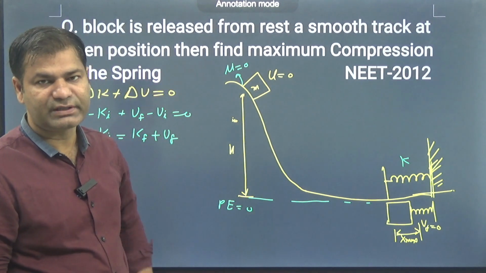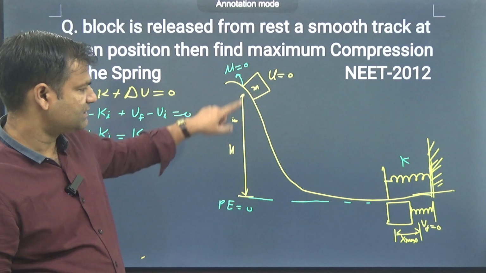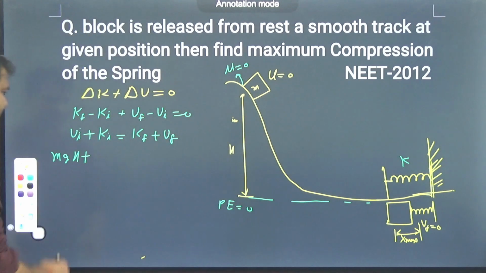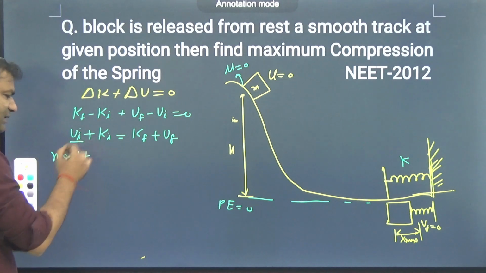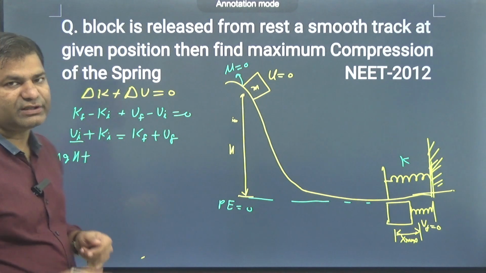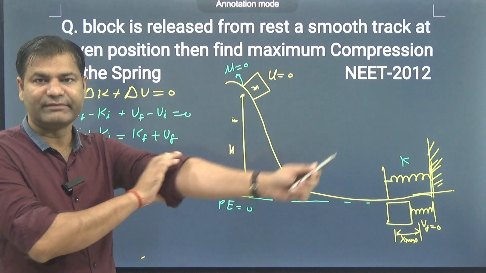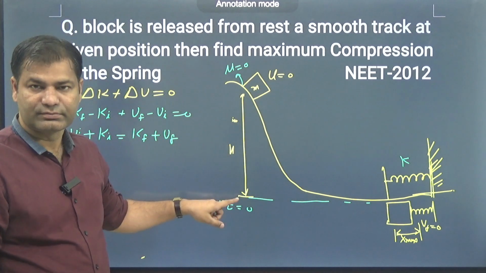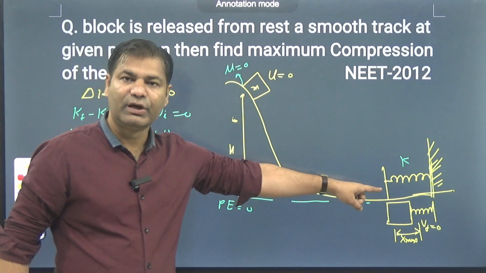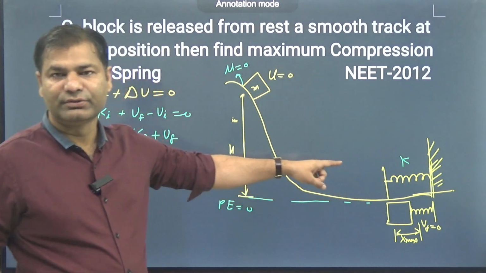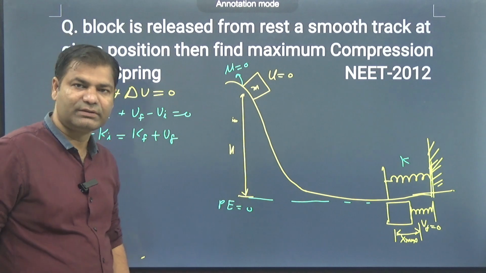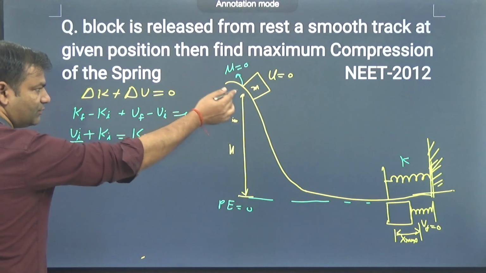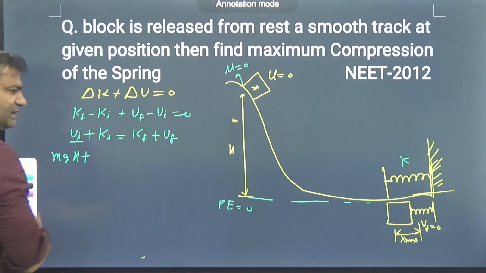Here the potential energy is due to mgh, and the spring is also available. There are two conservative forces here, the gravitational force and the spring, and the spring is also a conservative force. The potential energy due to gravity is mgh.